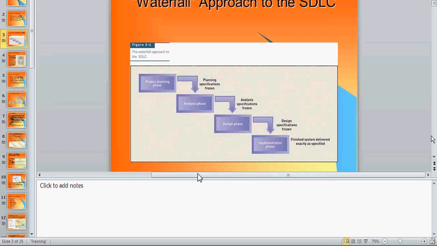So, look at your waterfall model. If you have done your project planning properly, then you have a proper timeline and a budget, and even your project objectives properly defined, yes or no? Once that planning has been done, it is frozen in time, right?